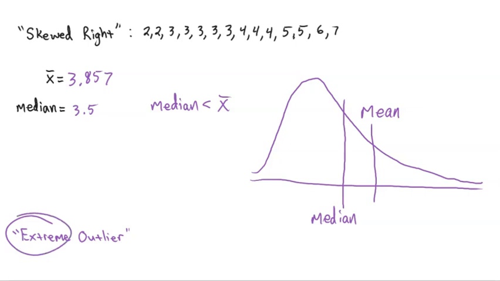But an extreme outlier is an outlier that's very far away from most of the other data points, okay? So an extreme outlier is an unusually large or small data point compared to most of the numbers.